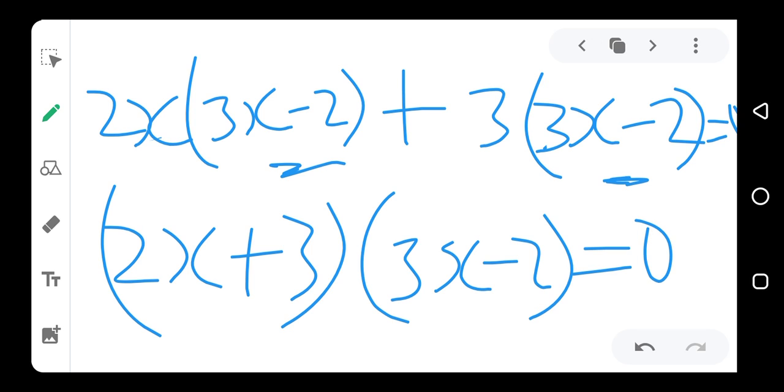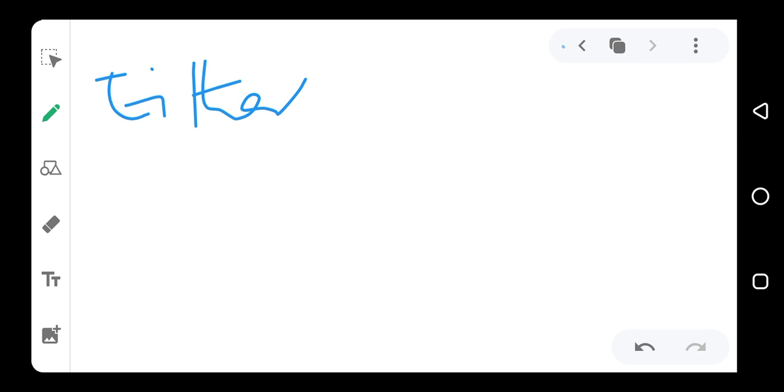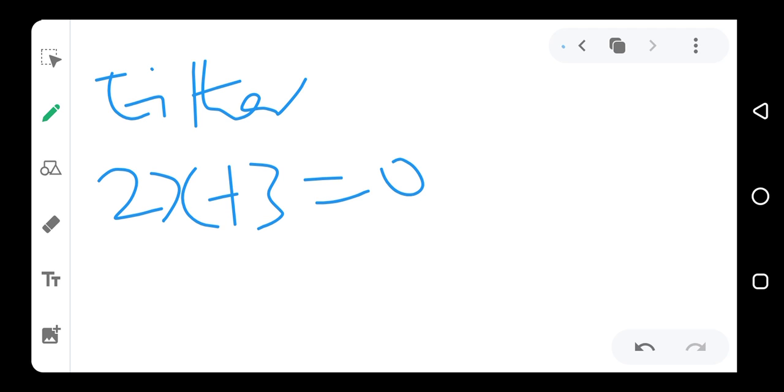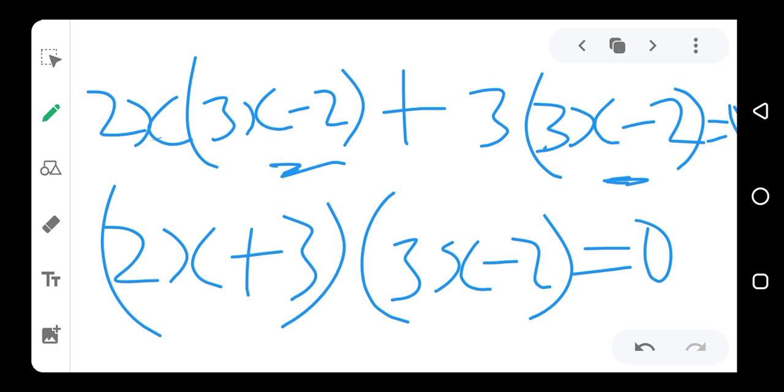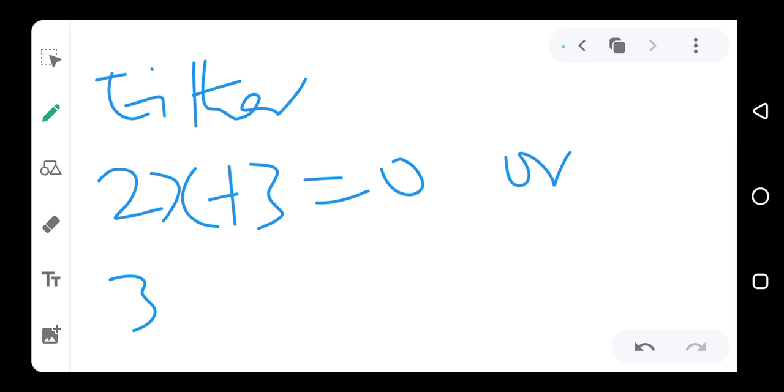That is, either 2x plus 3 is equal to 0 or 3x minus 2 is equal to 0. Okay, with this, we now find the value of x.